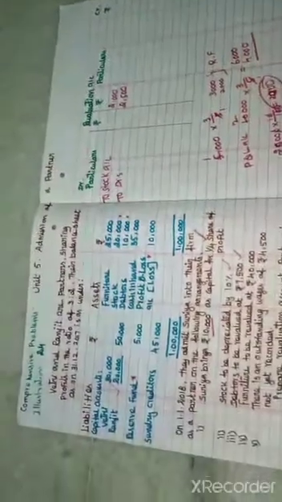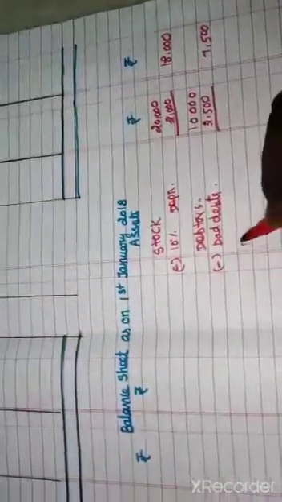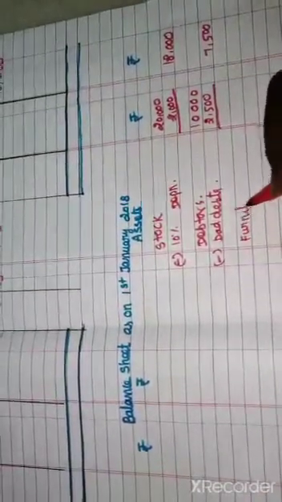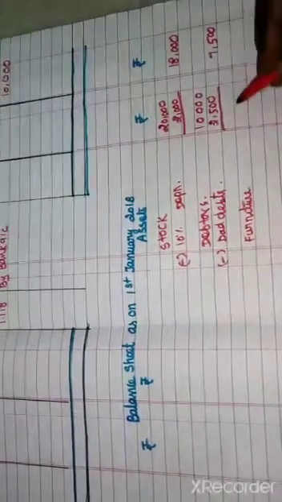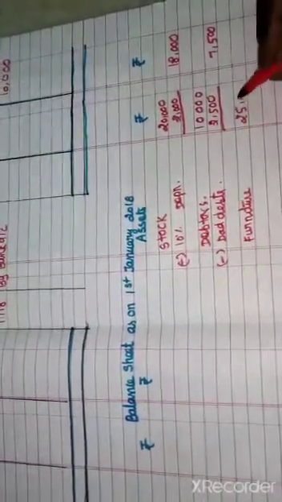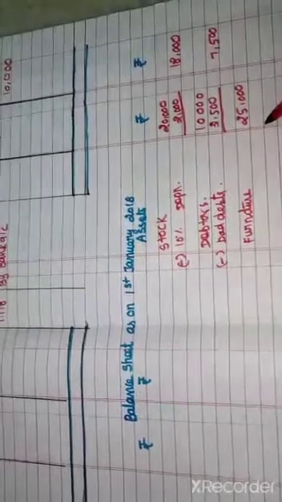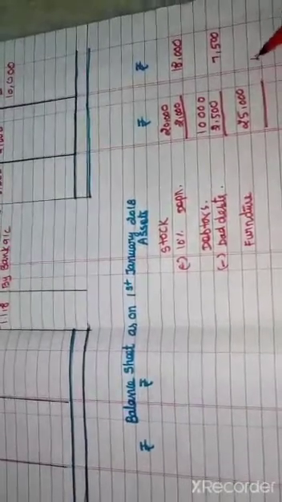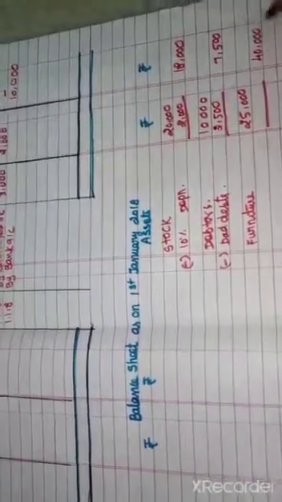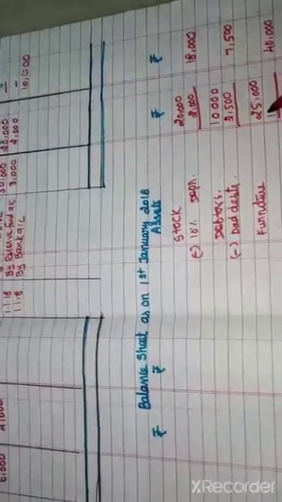So it is entered. Then third one, furniture to be revalued at 40,000. Actual furniture value is 25,000. Now the furniture value is to be revalued in the balance sheet. First, furniture value appeared in the balance sheet as 25,000. Now they ask us to show it as 40,000. In that case, there is an appreciation in the furniture value, plus 15,000.